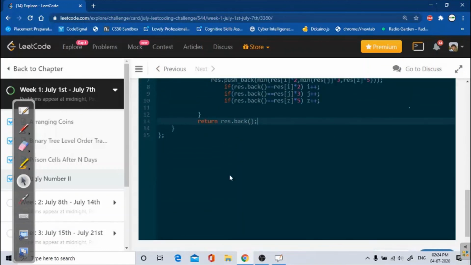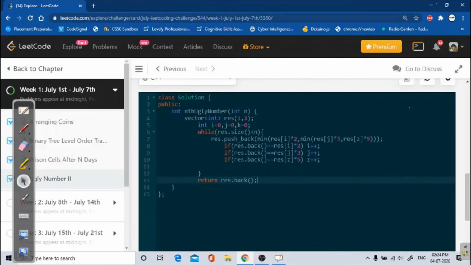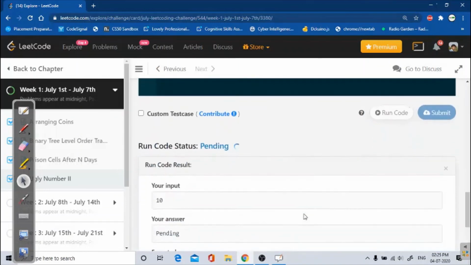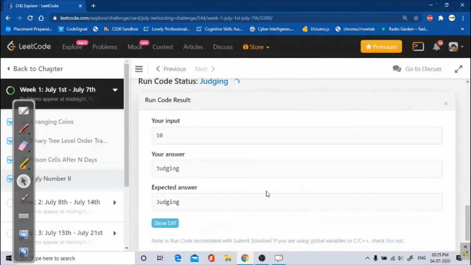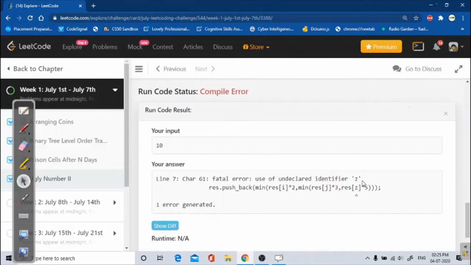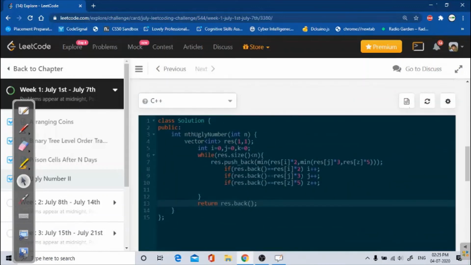So let's run now. Let me once again check it. Okay, let's run now. So we have an error here, result of z into 5. I have written capital Z here.